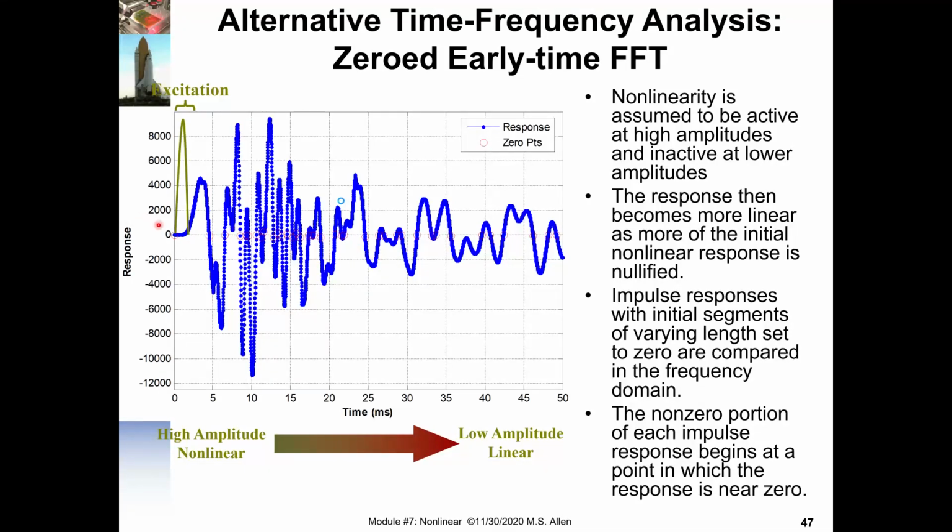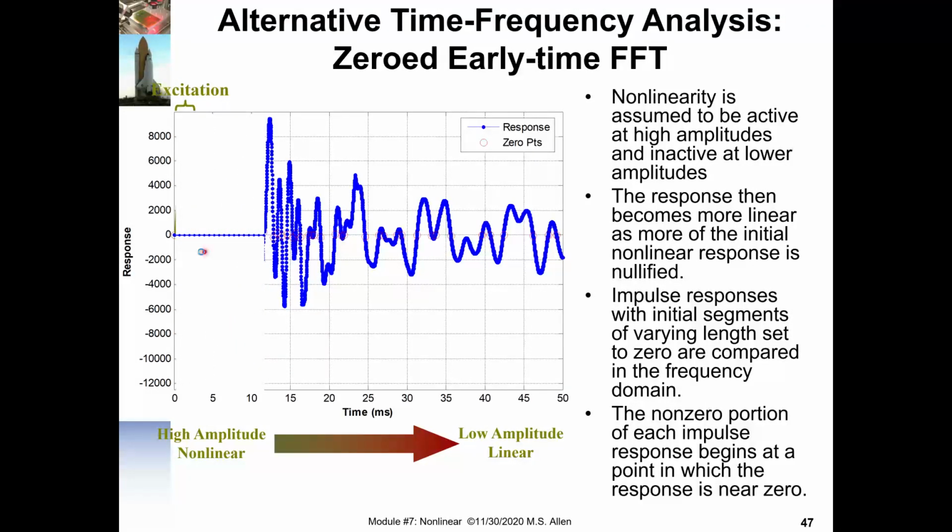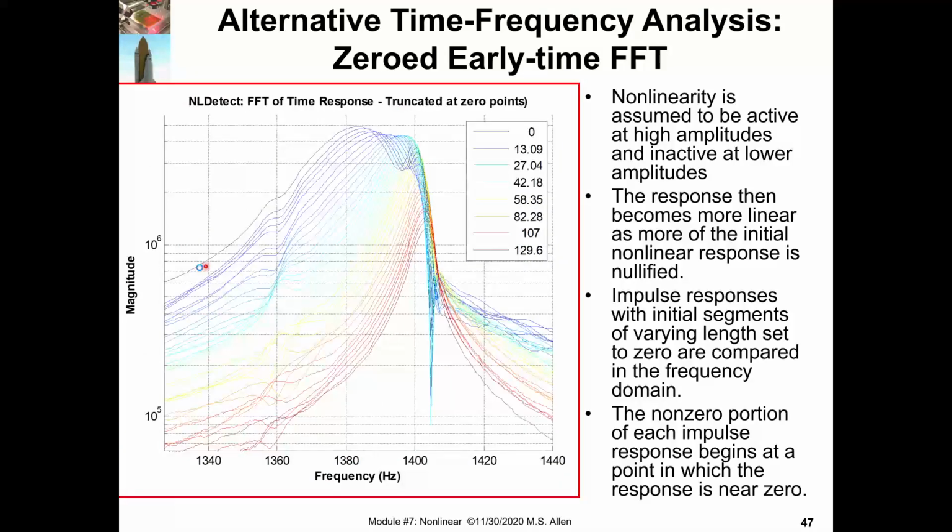So the idea that one of my collaborators came up with was to take the signal and just erase the first part. So we take the FFT of the whole signal, then we erase the first part, create a new signal, take the FFT of that, and we can erase more and more of the signal and see how the FFT evolves. And this is actually what gave the signal that I showed you earlier.